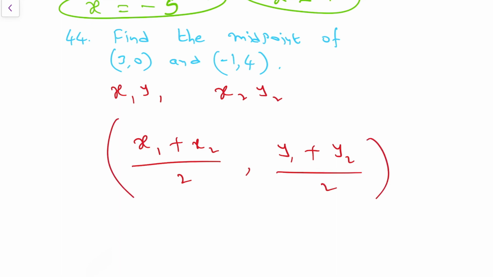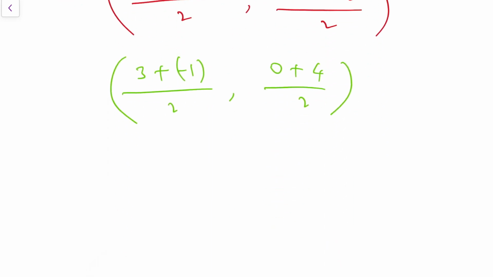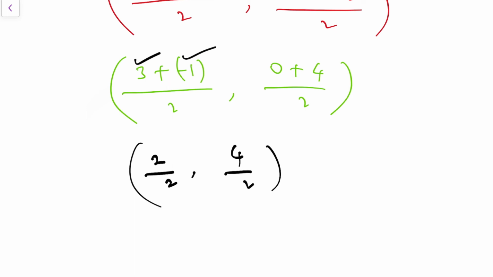This is the formula for finding the midpoint. x1 3 plus x2 minus 1 by 2 comma y1 0 plus y2 4 divided by 2. 3 minus 1 is 2, 2 by 2 comma 0 plus 4 is 4, 4 by 2. If we do cancellation, 2 ones are 2, 2 twos are 4. So our answer is (1, 2). So the midpoint of the given line segment with the end points is (1, 2).